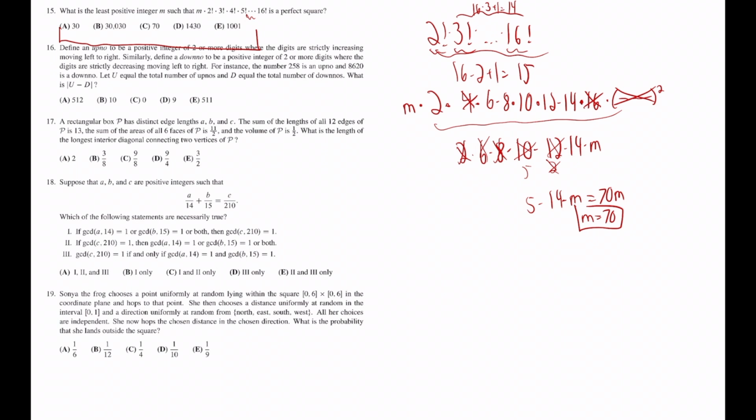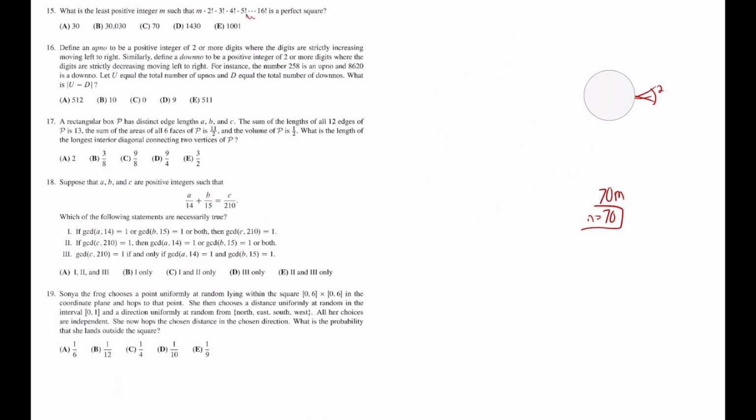Now let's move on to problem 16. Define an up no to be a positive integer of 2 or more digits where the digits are strictly increasing, moving left to right.